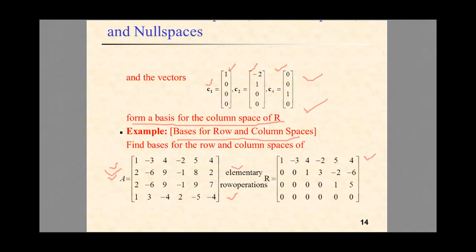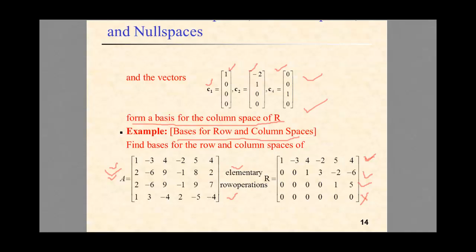Row 1, row 2, and row 3 have leading ones, but row 4 has no leading one because it is all 0. So there are only 3 rows to consider.